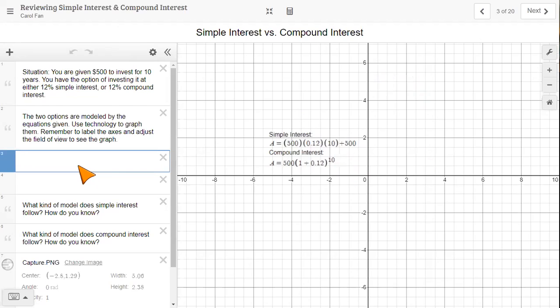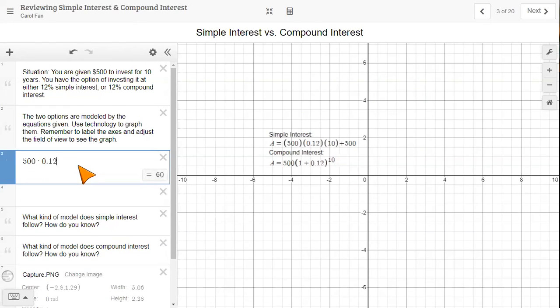So the first equation we're going to do is simple interest. We have 500 times 0.12 times 10 plus 500. Okay, so this is the amount that you're going to have at the end of 10 years.